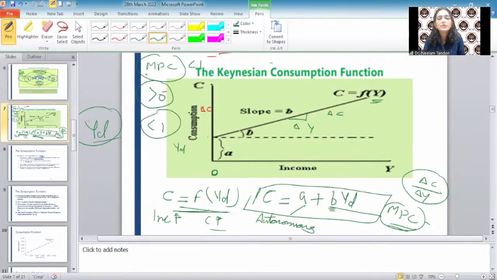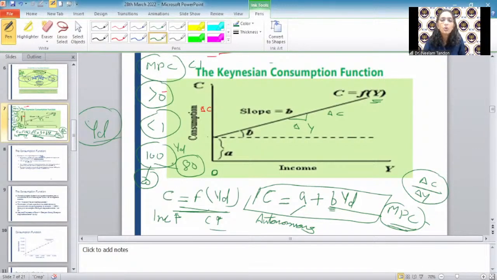Whatever the increase in income, you will not spend the entire amount. Suppose your income increases by 100 rupees. You may consume 80 rupees of the additional income and save 20 rupees. Or you may spend 99 rupees and save 1 paisa.